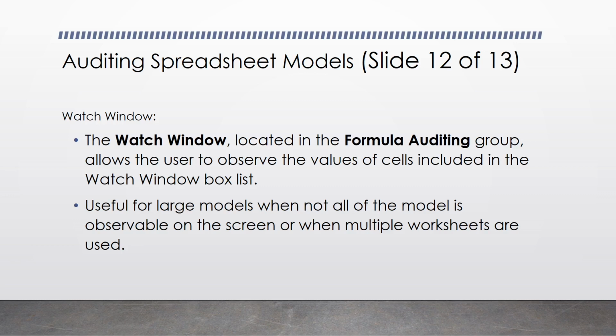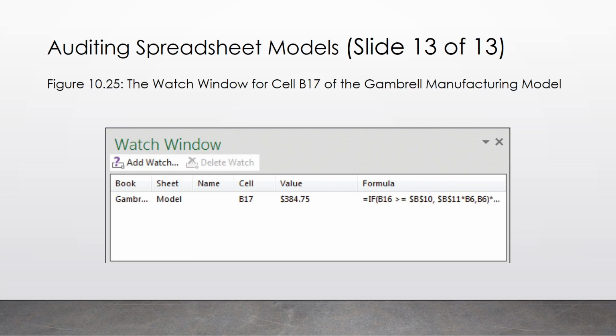And this is very useful for large models when not all of the model is observable on screen or when multiple worksheets are used. Like this one, using the Watch Window button of the Gambrel Manufacturing model, where it shows the Watch Window for cell B17.